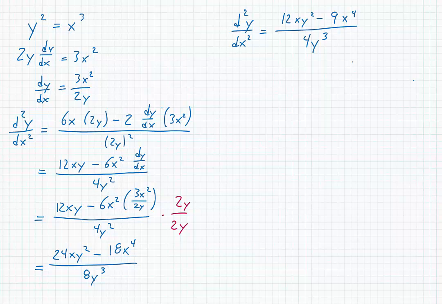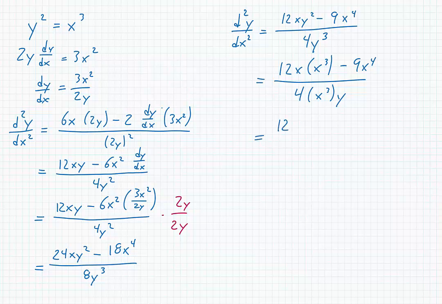Now, here's kind of an interesting little move. Our original function says that y squared and x to the third are the same thing. So any place I see a y squared at this point, I could replace those two y's with x to the third. So I could rewrite this as 12x times x to the third minus 9x to the fourth, all divided by 4. I'm going to replace y squared, two of these y's, with x to the third, and leave the third y alone, because nothing happens to it.